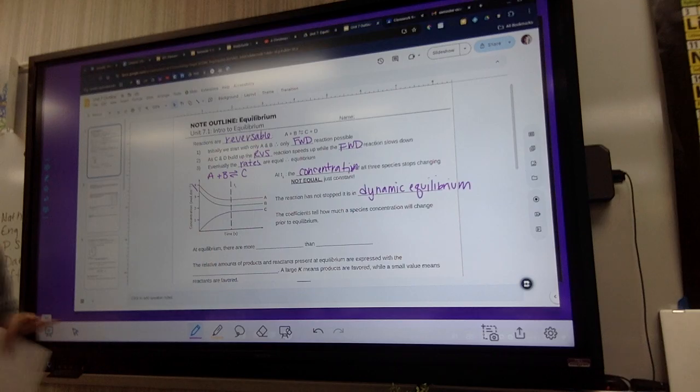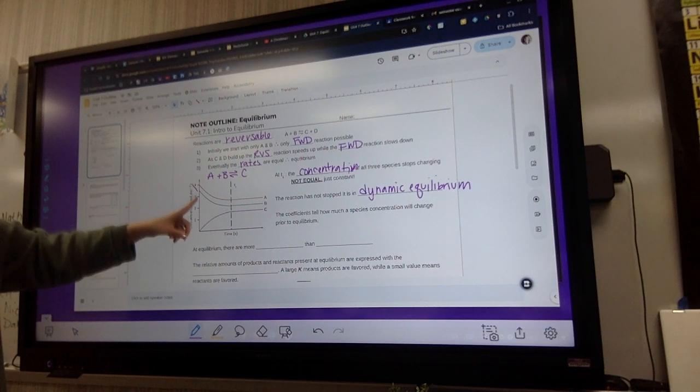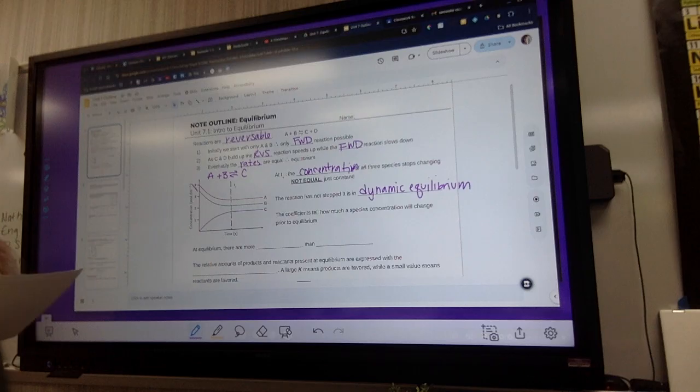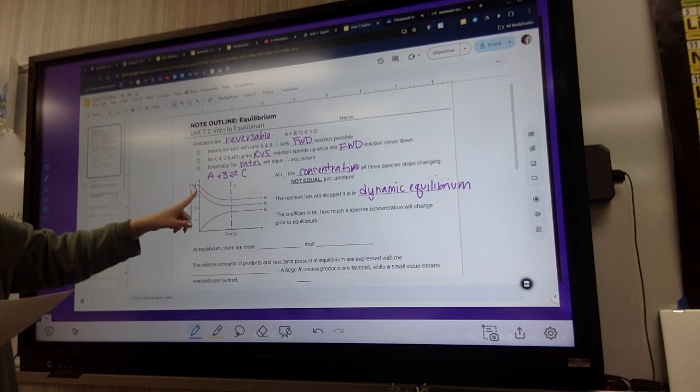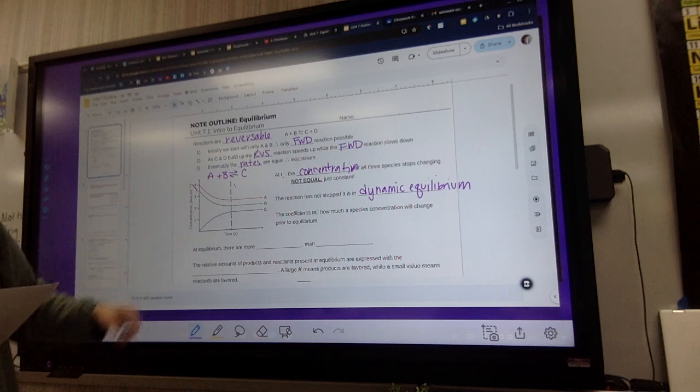So the coefficients tell how much a species concentration will change prior to the equilibrium. So if we look at all of these, this one goes from 4 to 2.5. This one goes from 3.5 to 2.